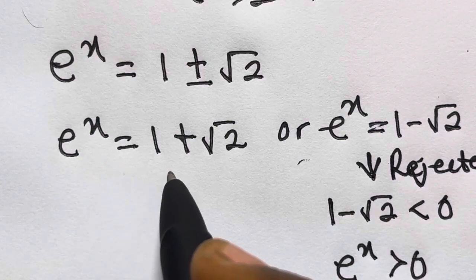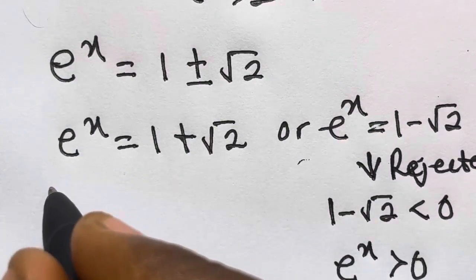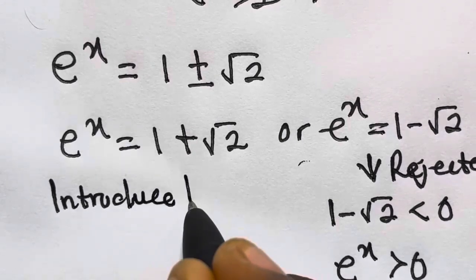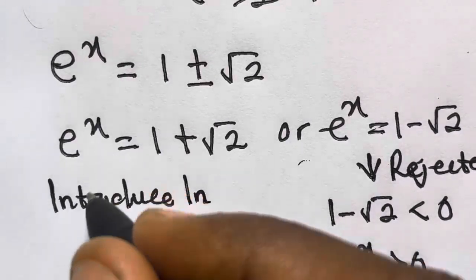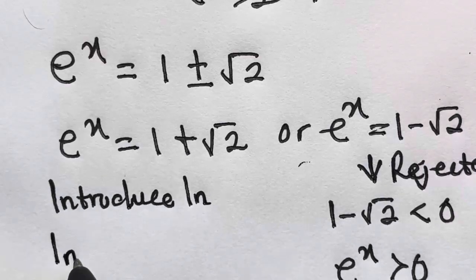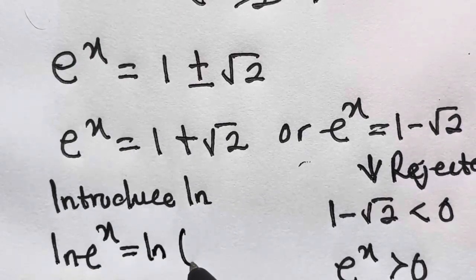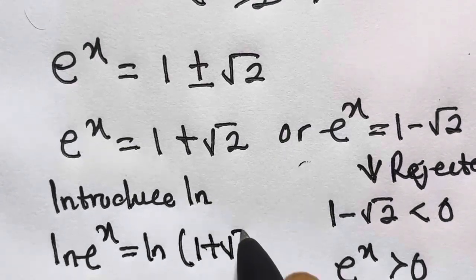To do that, we introduce ln to both sides. So we have ln e^x equals ln(1 plus square root of 2).